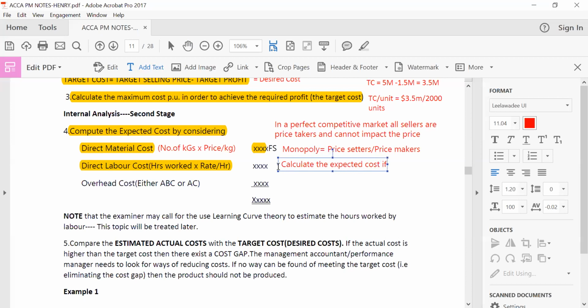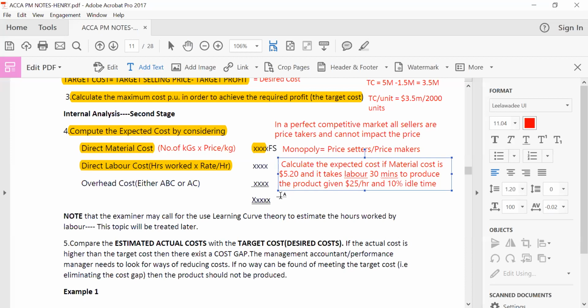Calculate the expected cost if material cost is $5, I'm just creating this from my head, and it takes labor 30 minutes to produce the product, paid $25 per hour, with 10% idle time.